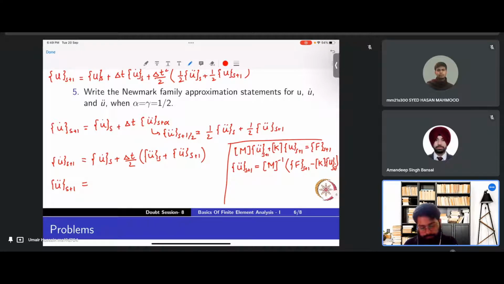Okay. So that's how we can get u double dot s plus 1.